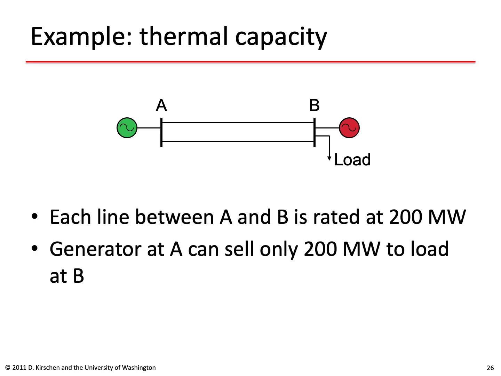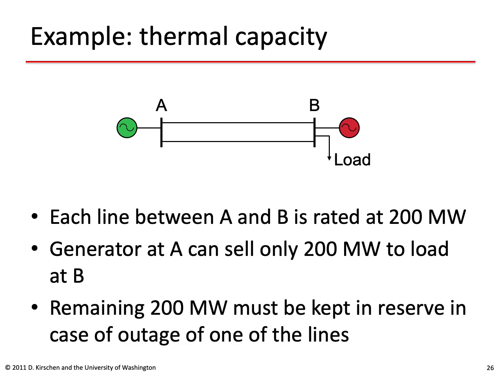In this system, the generator at A can only sell 200 megawatt to the load at B, because the 200 megawatt remaining of transmission capacity must be kept in reserve in case of outage of one of these lines.